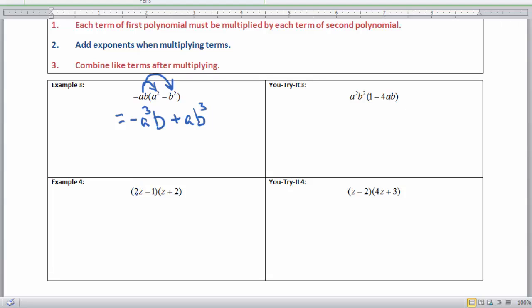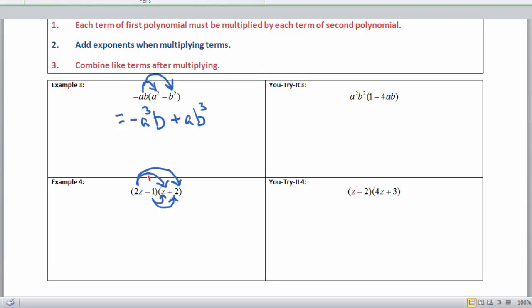Like, so if I distributed the 2z, I would multiply this and this, and then if I distributed the negative 1, I would multiply these two and these two. So what have I done when I've done that? I've actually created the FOIL, right? If you want to call it FOIL, this one would be the F, this would be the O, this would be the I, and this would be the L.